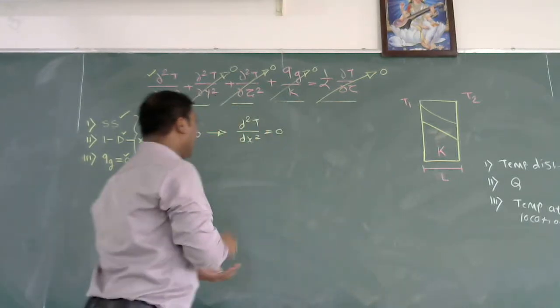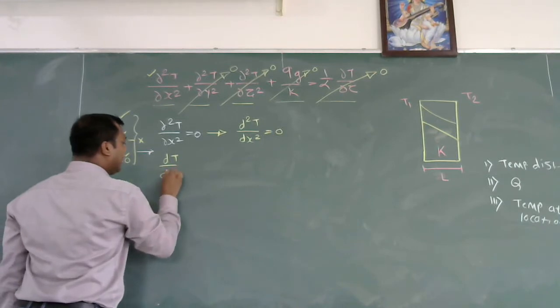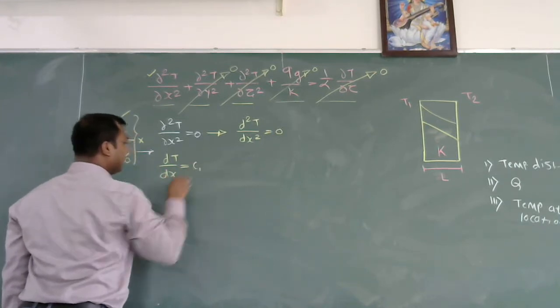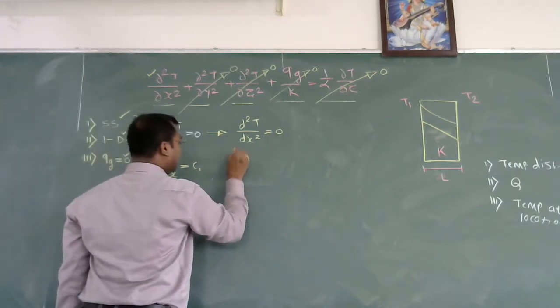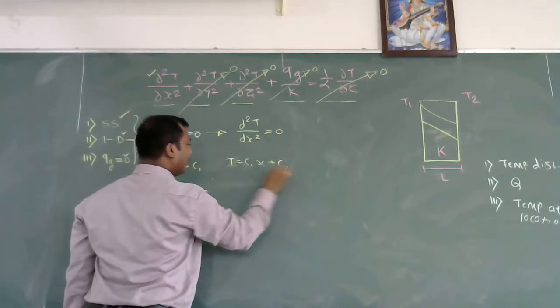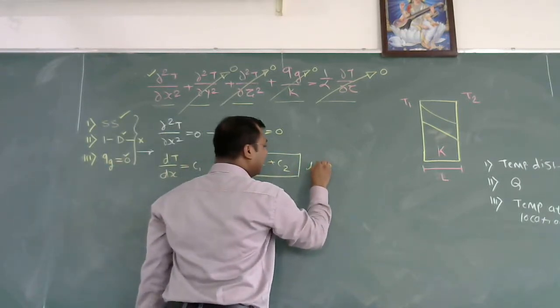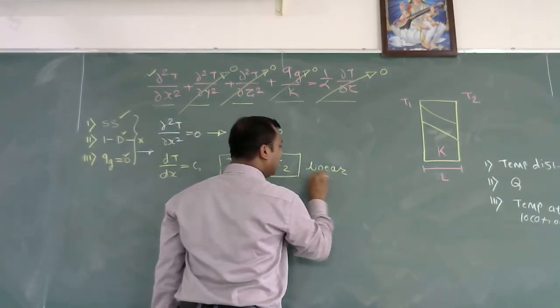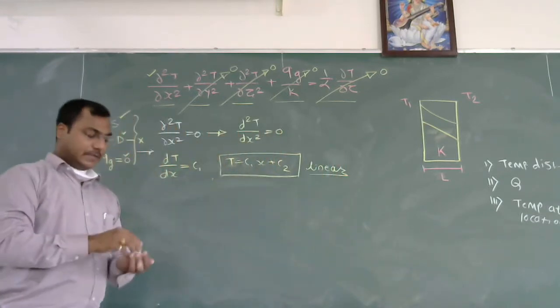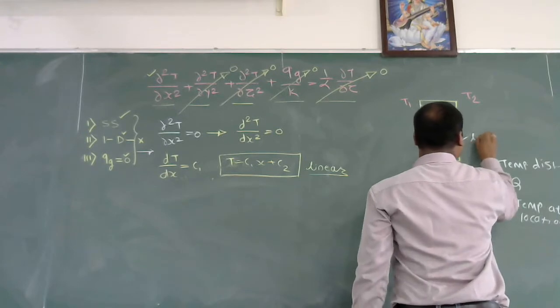So for that I need to solve the equation. If I solve this equation, I will get dT by dx is equal to C1. If I again take the integration, this becomes T is equal to C1x plus C2, and this becomes the generalized equation. This generalized equation is nothing but a linear equation. It means that the temperature distribution in this plane wall is a linear temperature distribution.